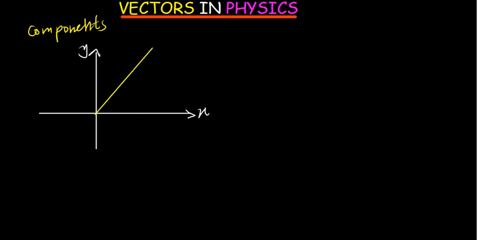Okay, so this is our vector which is put here, and I'm going to label it as vector A. Let's say this vector A has got a magnitude of 20 newtons.